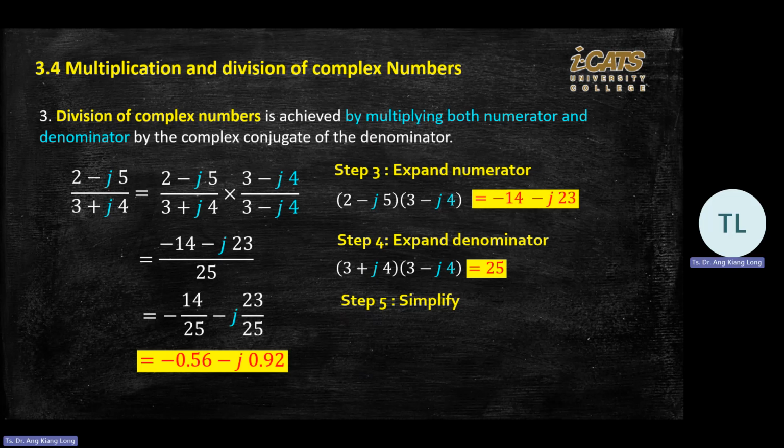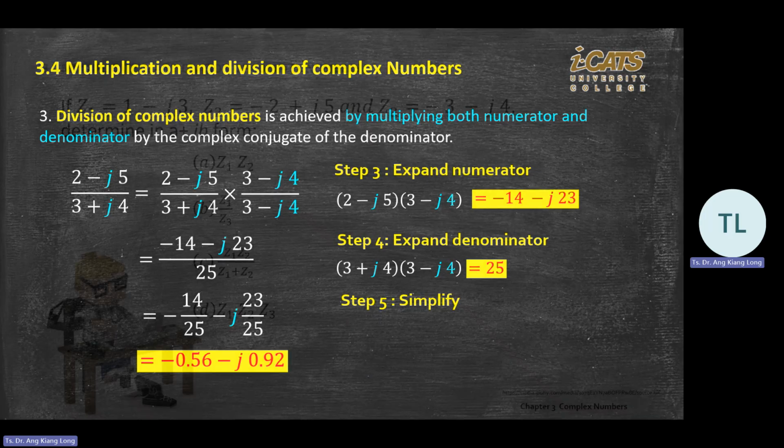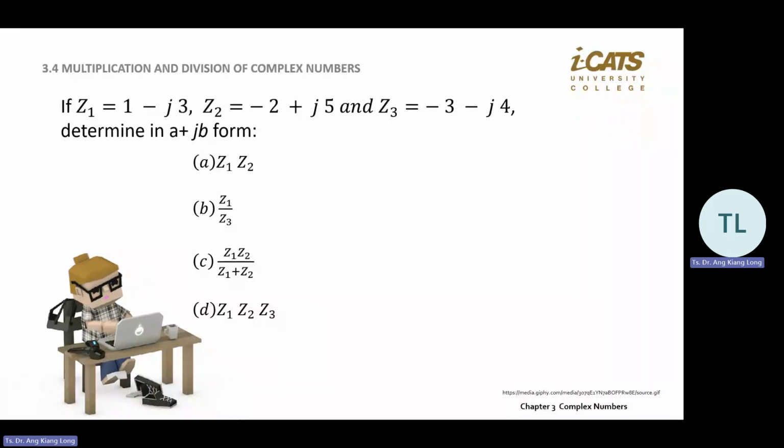Okay, so this is just an exercise for you guys. Maybe you can do A and B, I think easy for you. You try to do C. You're given Z1 equal to something, Z2 equal to something, Z3 equal to something, and all these are complex numbers in Cartesian form.